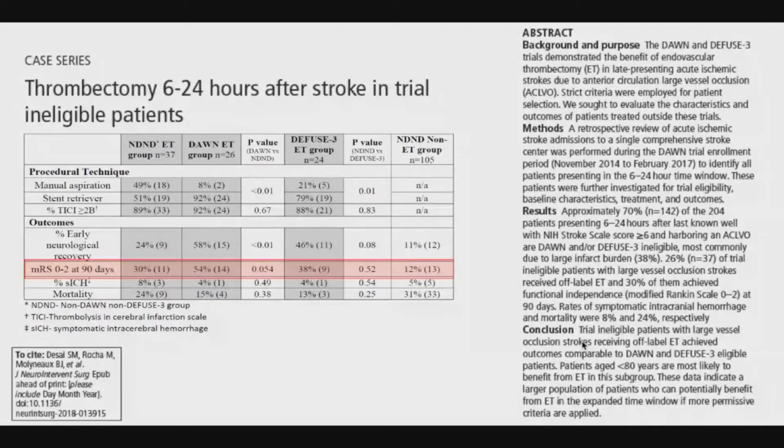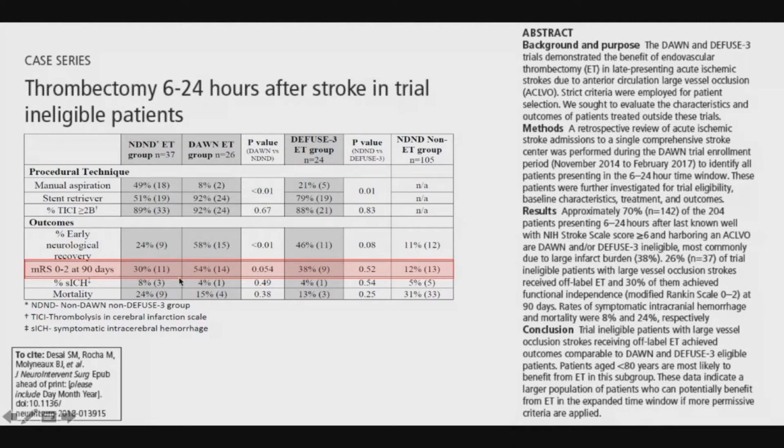So if you look at the percentage of patients, and those are the patients that are labeled ND, which means non-DAWN, non-DEFUSE. The percentage of patients who had a modified Rankin score of 0 to 2 was 30%.